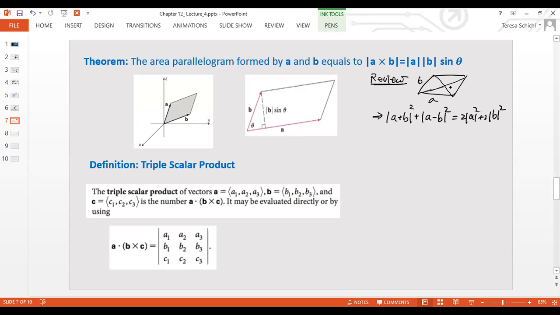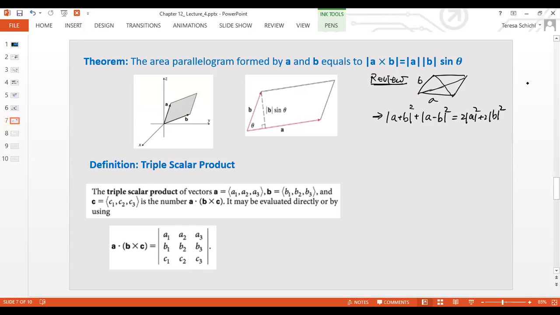That means if you square the diagonals and add them up, it equals the sum of the squares of all four sides. This is the general situation.